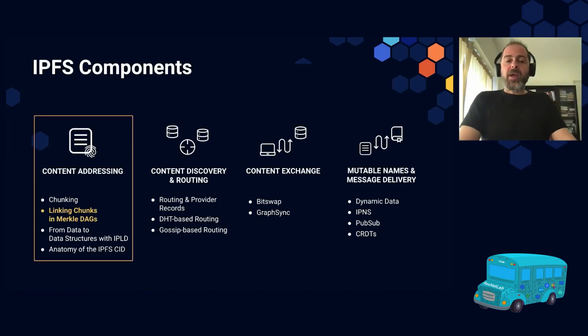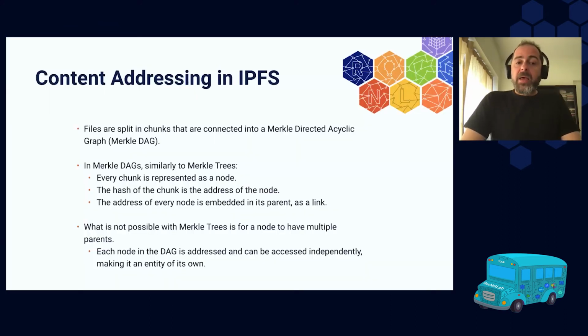Okay, so now we have data, but how do we link data together in order to make the most efficient use of the chunks we have? In IPFS, chunks are connected in what are called Merkle directed acyclic graphs, or Merkle DAGs. In Merkle DAGs, similarly to Merkle trees or hash trees, every chunk is represented as a node.